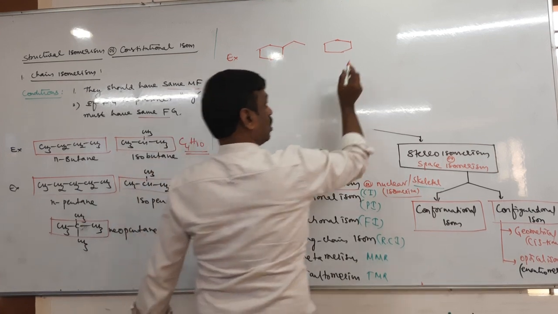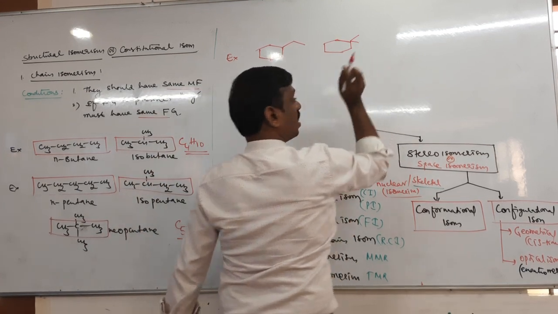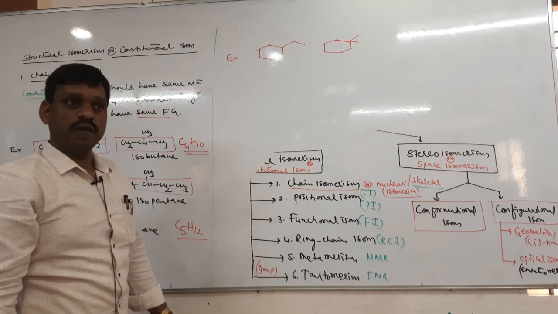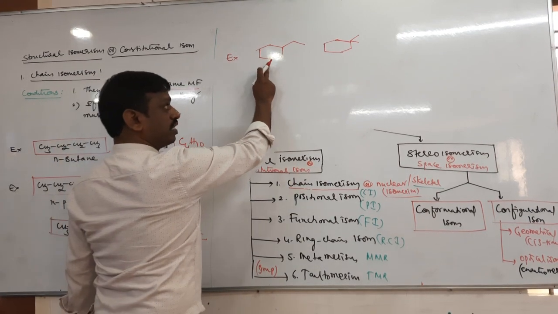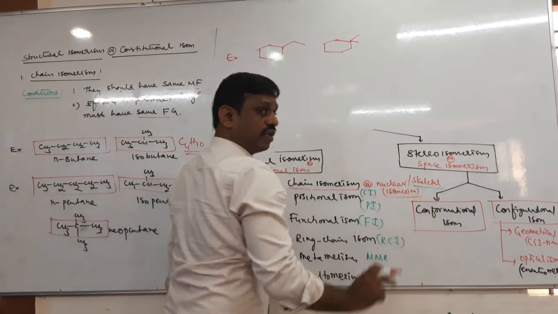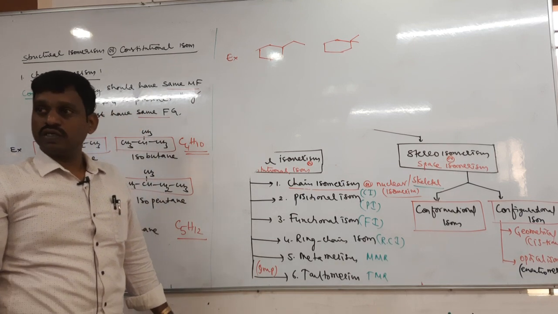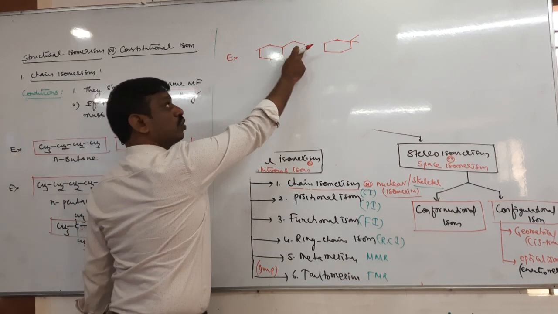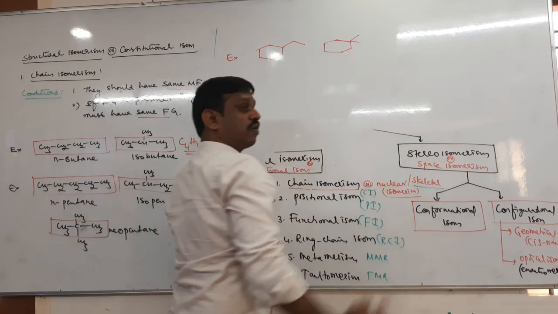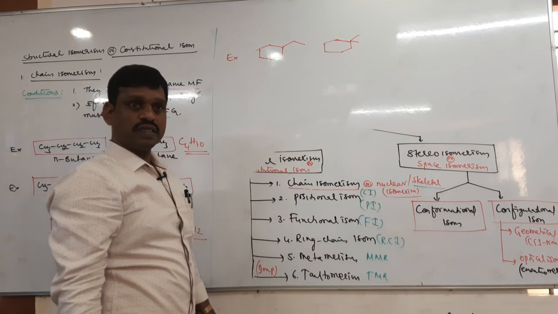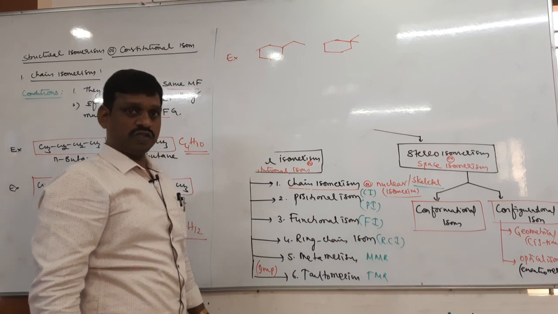Ethyl cyclohexane. I will make it a dimethyl cyclohexane. Tell me, ethyl cyclohexane and dimethyl cyclohexane are examples of what? Chain isomers. Because here the side chain is 2 carbon atoms, and there the side chain is 1 carbon atom. They are the chain isomers.